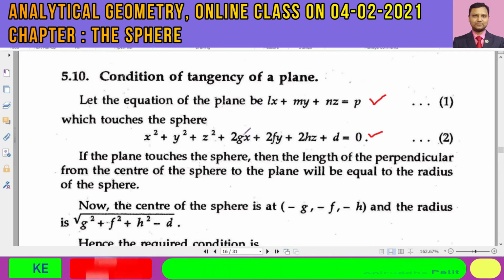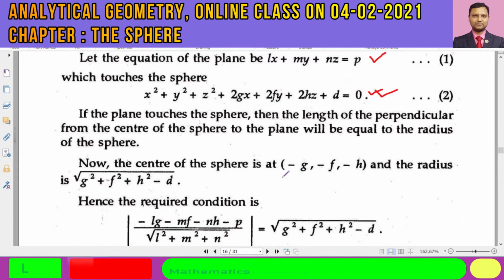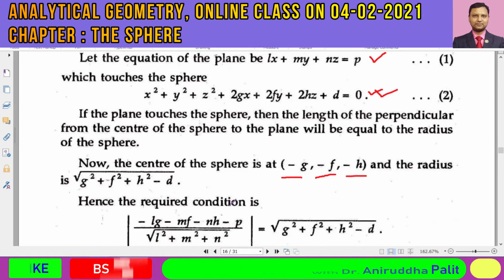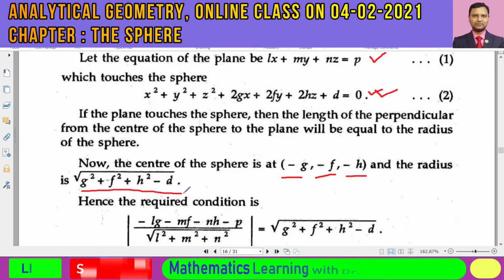So we know that if the equation of the sphere is written this way, then the coordinates of the center are minus g, minus f, minus h, and the radius of the sphere is the square root of g square plus f square plus h square minus d.